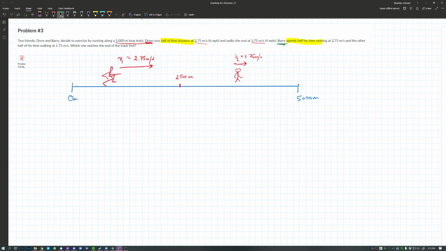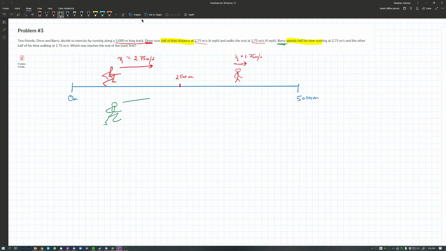Okay. Let's see what the other part is. Barry. Now, Barry's thing is not related to distance. Barry's thing is related to time. So maybe we need to get some time labels in here. Let's draw Barry. Again, for the first half of the journey in terms of time taken, Barry's running. Let's get him some running legs.